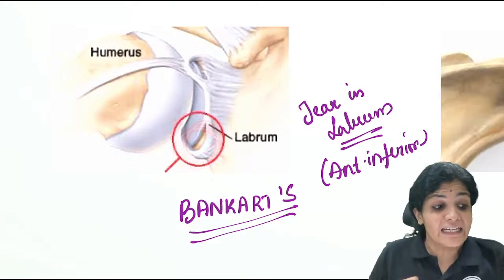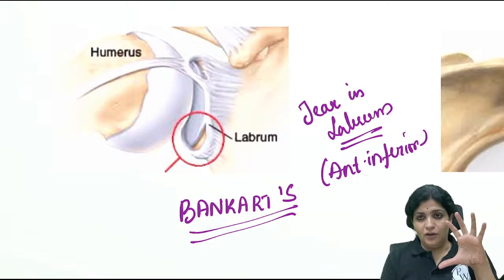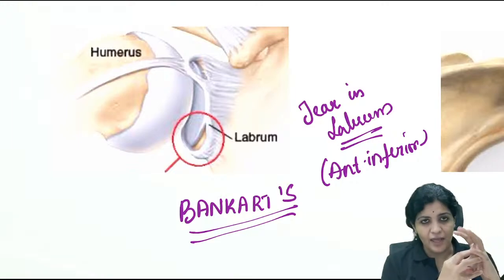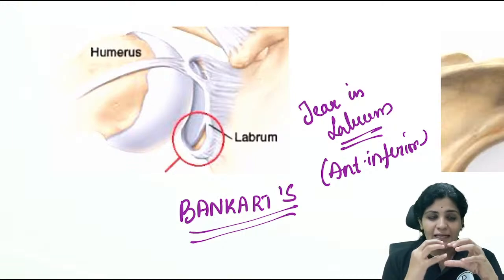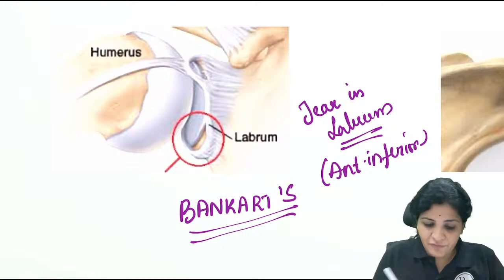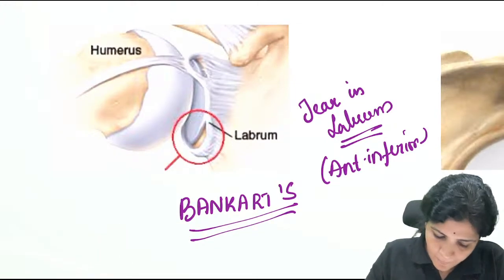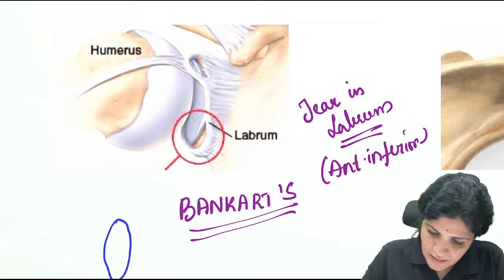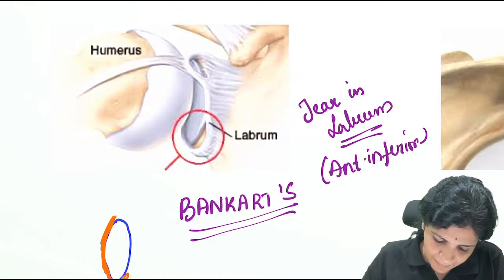The labrum is the cartilaginous structure present around the glenoid. Assume this is the glenoid. To make it more hollow, there is a cartilaginous structure covering the glenoid so that the ball stays happily inside.